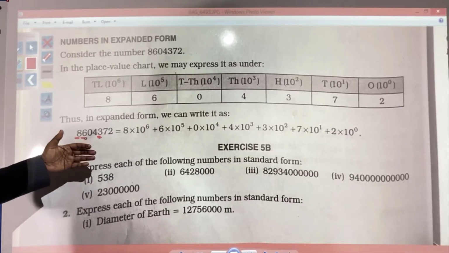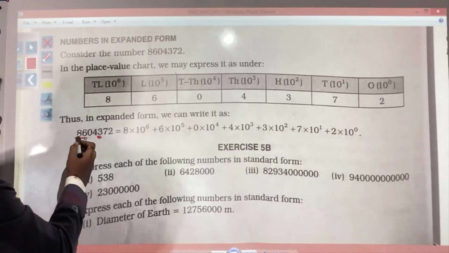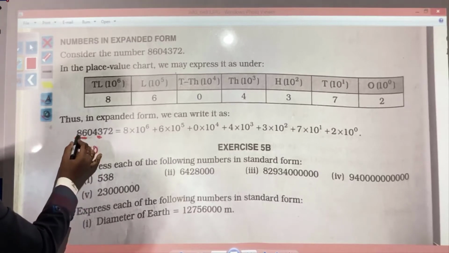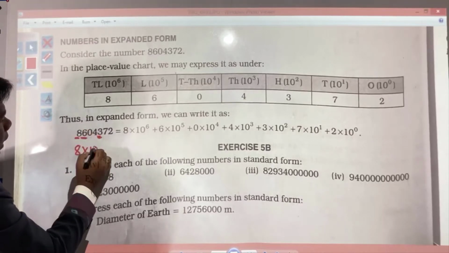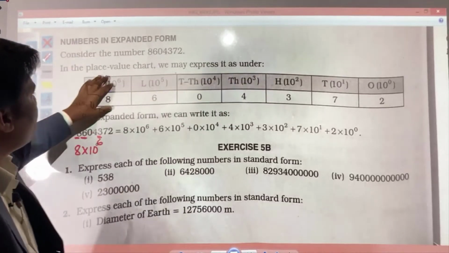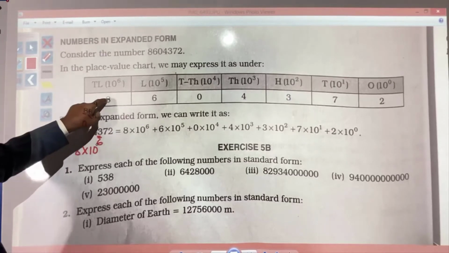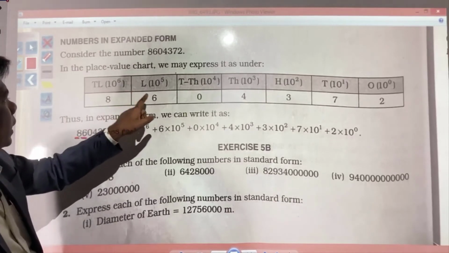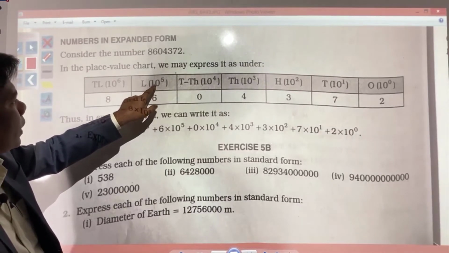So when you are expressing this, it is so easy when you are writing it in standard form. Just write the first number, suppose 8 we have written, then into 10 to the power. After this digit you count how many digits there are: 1, 2, 3, 4, 5, 6. 10 to the power 6 it will be. Or in this way, you prepare the place value chart and see that 8 is in the 10 lakh place, so it should be multiplied with 10 to the power 6. 6 is in the lakh place, so this should be multiplied with 10 to the power 5.